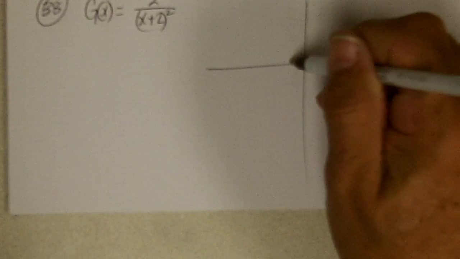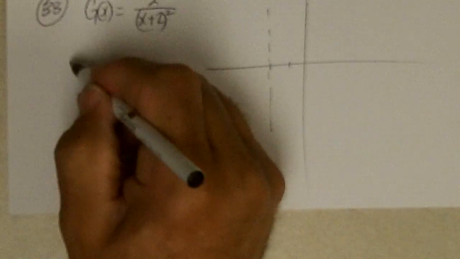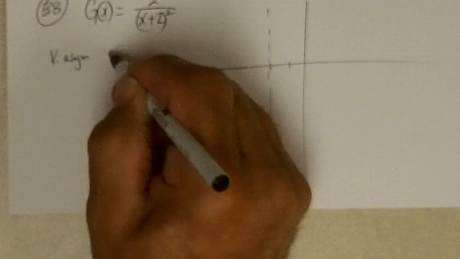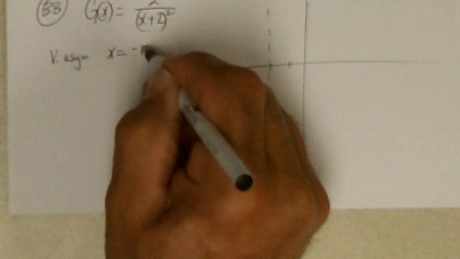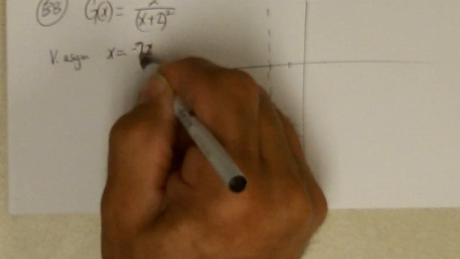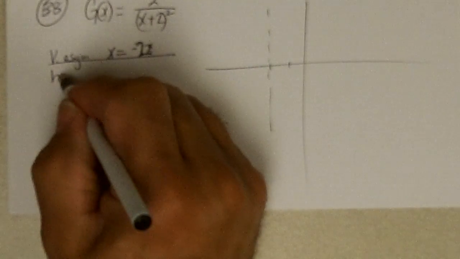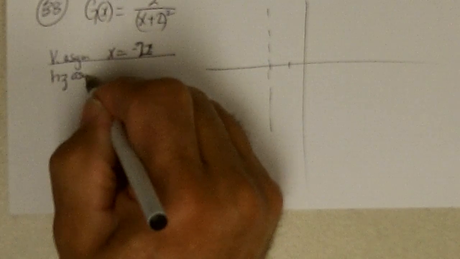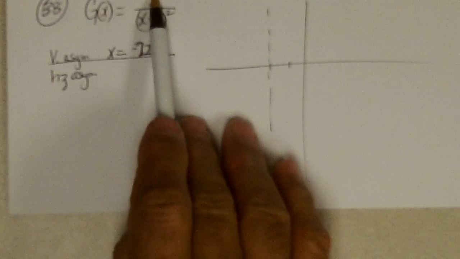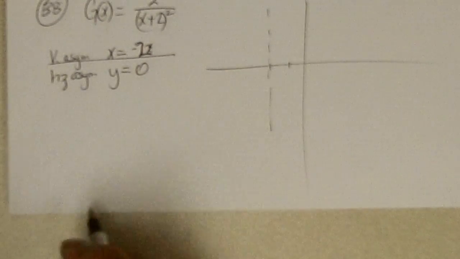So we have a vertical asymptote at x equals minus 2. Horizontal. Okay, since the degree of the denominator is greater than the numerator, then it's y equals 0.